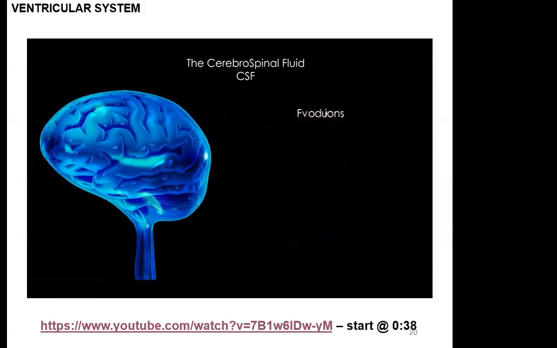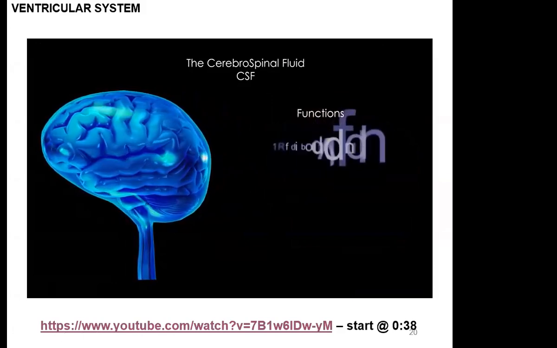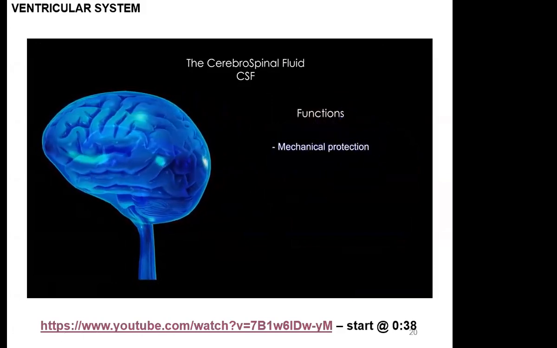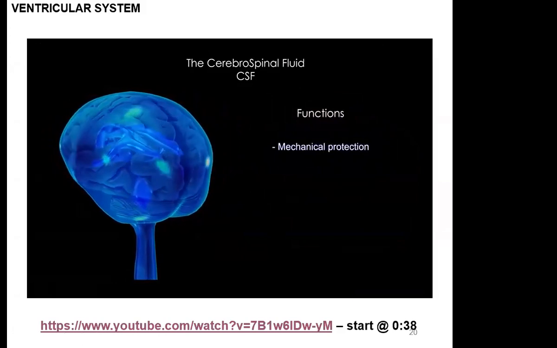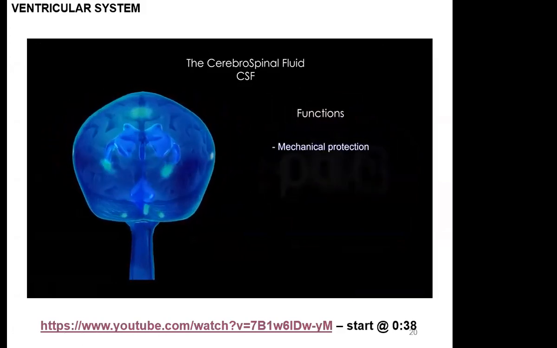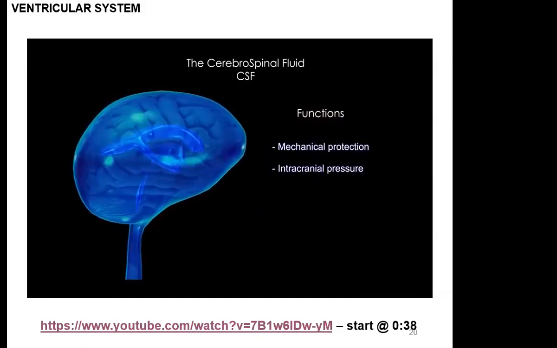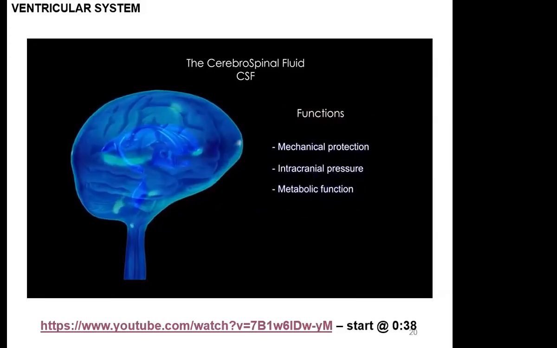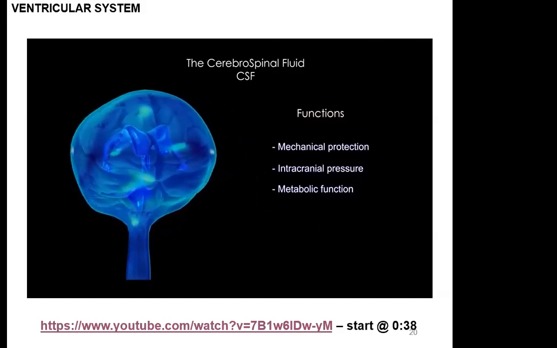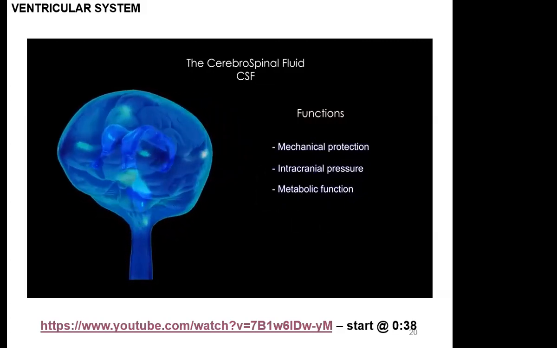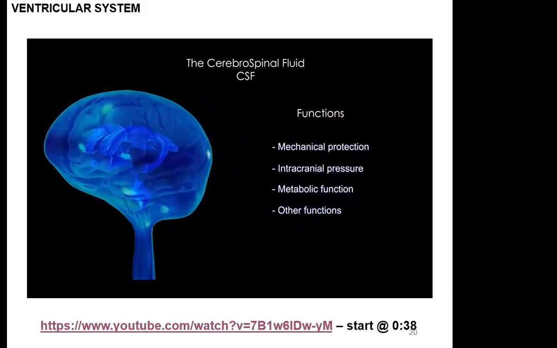The CSF ensures the protection of the central nervous system against mechanical shocks and vibrations. It plays an important role in the regulation of intracranial pressure. It participates in the cerebral metabolic processes by regulating the exchange of substances and provides many other functions as well.